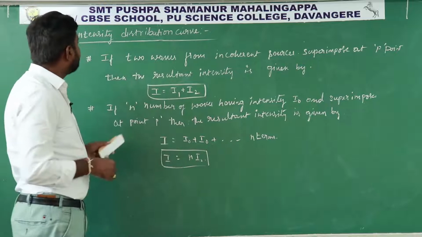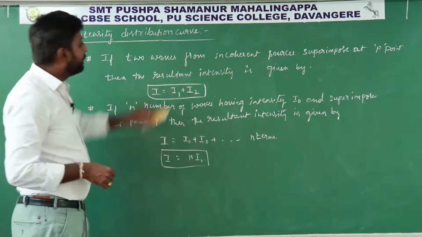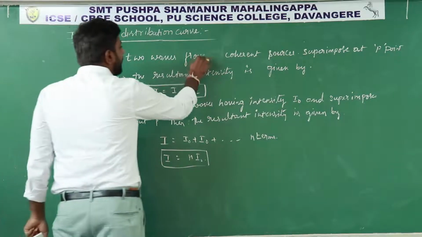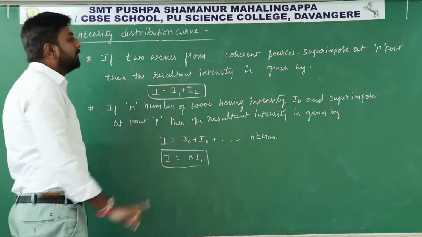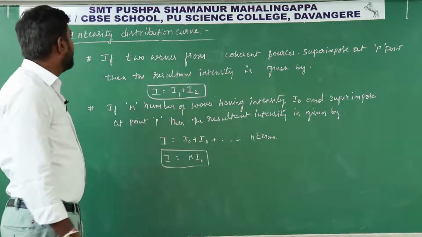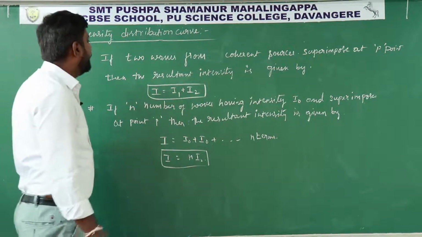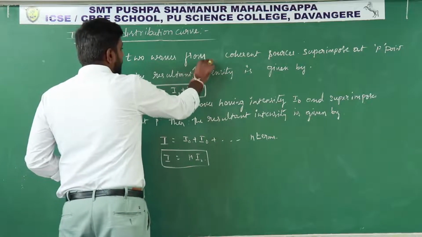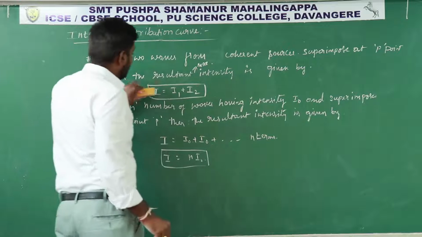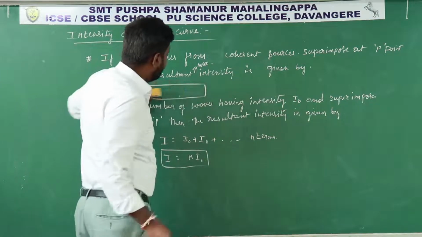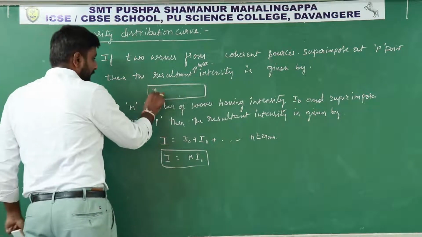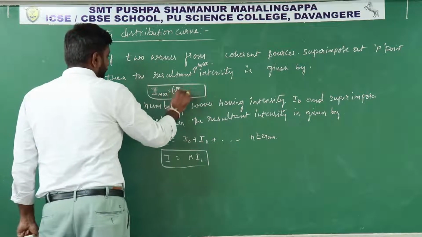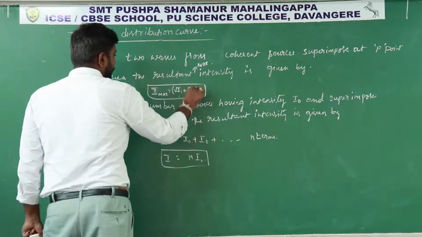And then if two waves from coherent sources superimpose at point P, then the resultant maximum intensity, you already came to know, I maximum is equal to root over I1 plus root over I2 whole square.